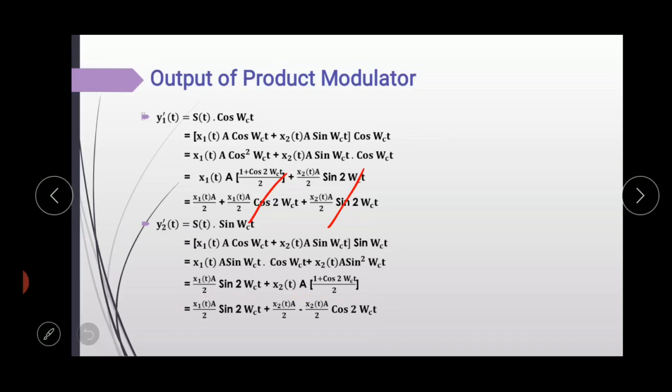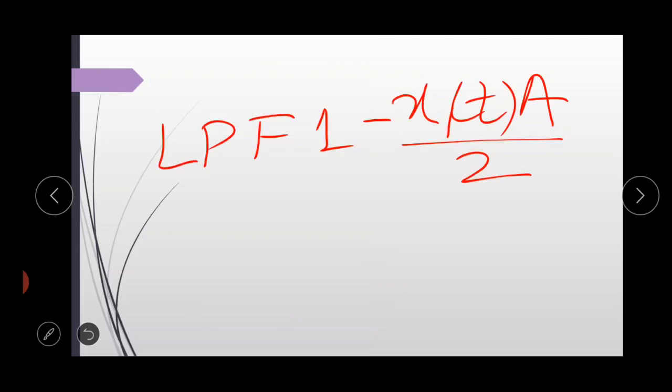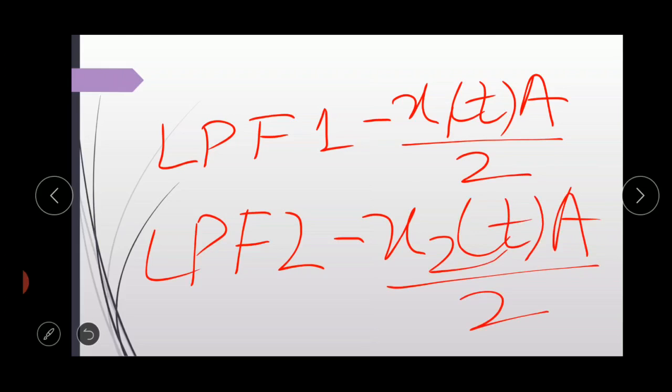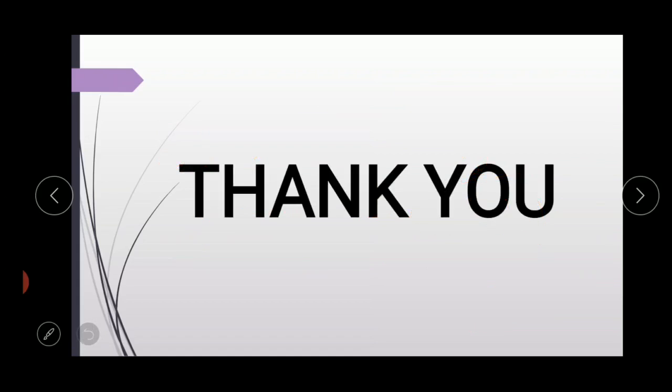Here also the low pass filter only allows one term and rejects the other two terms. So LPF 2 at the output gives x2 of t A by 2. This is the final output, or modulating signal, that we get at the receiver section after demodulation. So this is all about QAM. Thank you.